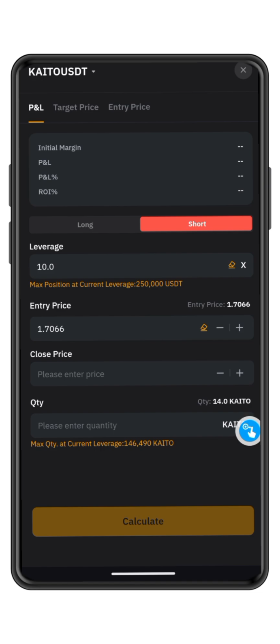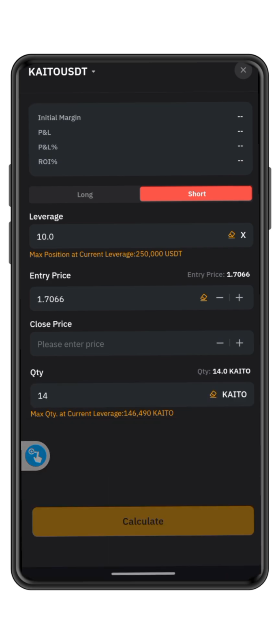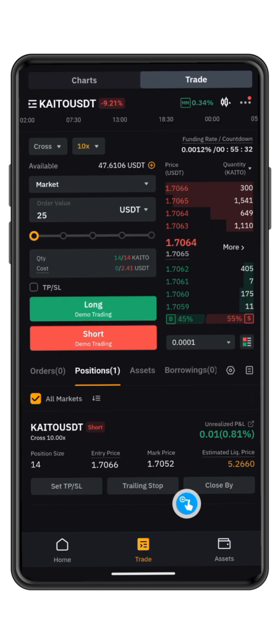And quantity is how many did I get? The quantity was 14. How many units of Kaito was I able to get? So the close price, my liquidation price, is 5.2657. So this is what I'm going to key into that calculator. You know why I want to do this?